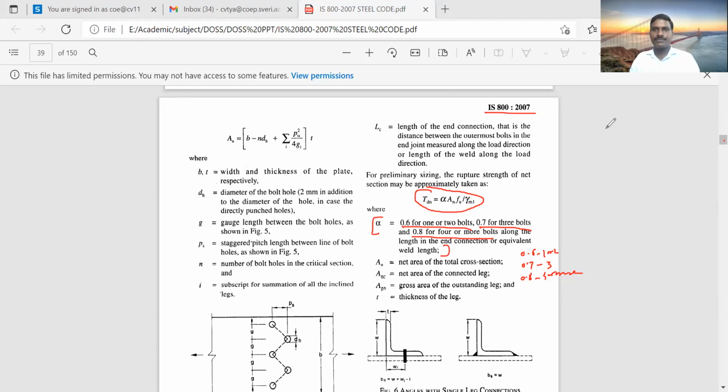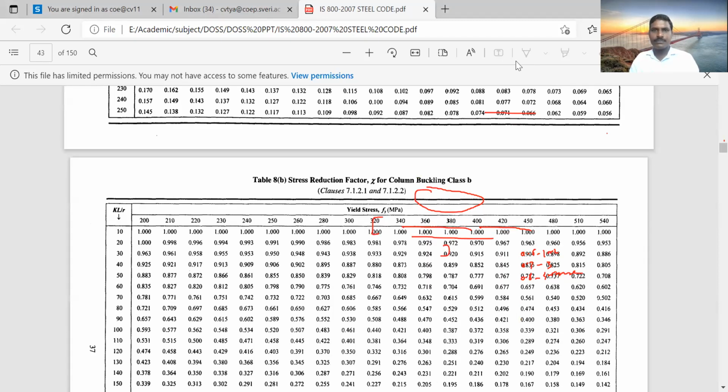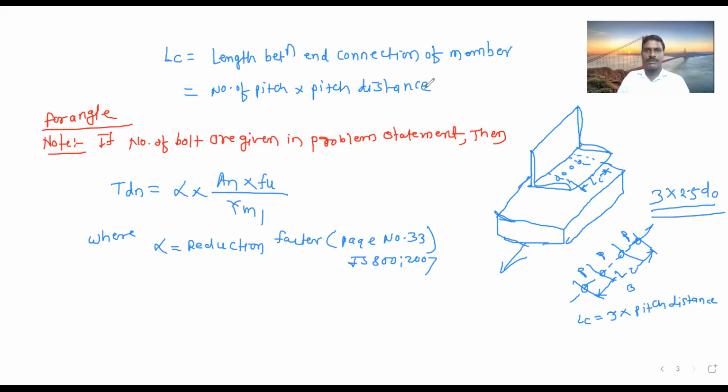Okay, so now shall I close this IS code? Okay, so come to here again.